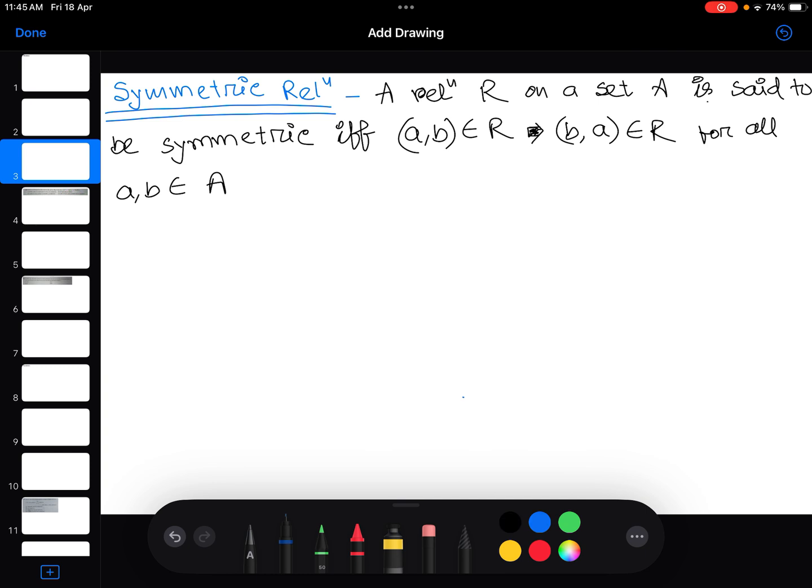Now one more. I will give an example of a symmetric relation also, so don't worry about it. So let us say transitive relation.